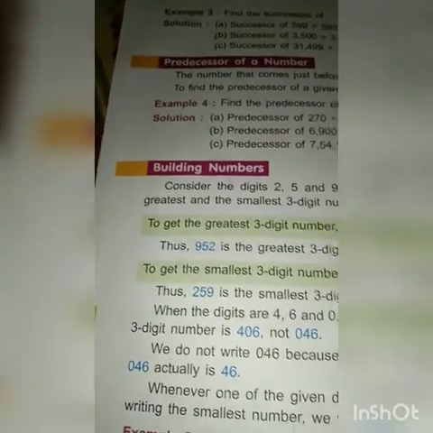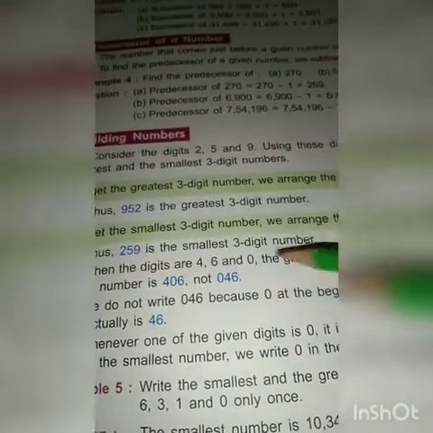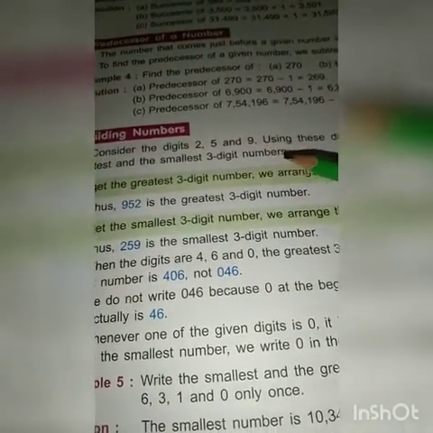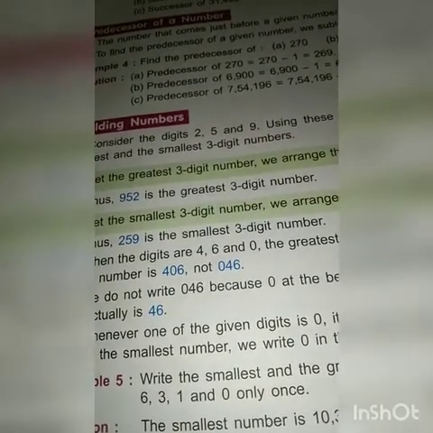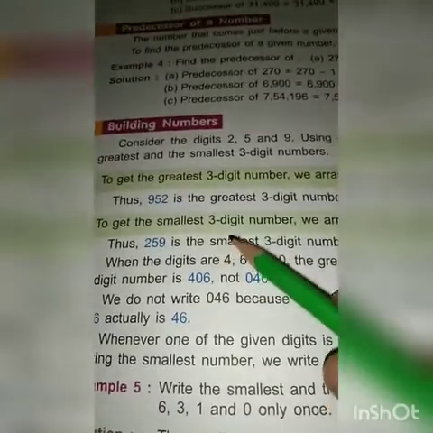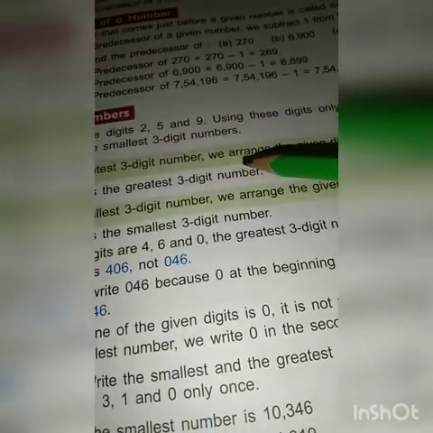Clear? Now here it is given building numbers. What do you mean by building numbers? The digits are given here. You have to make the smallest or greatest number from the given digits. For example, consider the digits 2, 5 and 9.